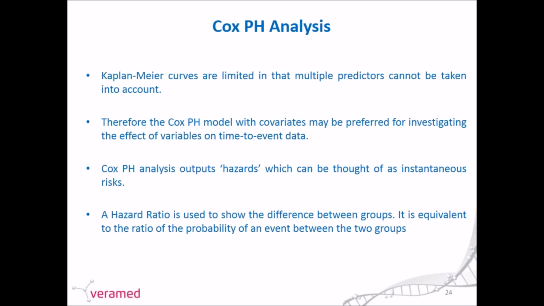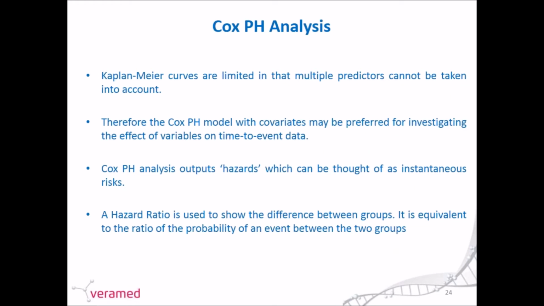So Kaplan Meiers are very useful for comparing across, say, treatment, but they're limited because they can only factor in a single predictor. So we might want to use Cox proportional hazards because they can factor in a second predictor or a third or fourth, as many as you need.